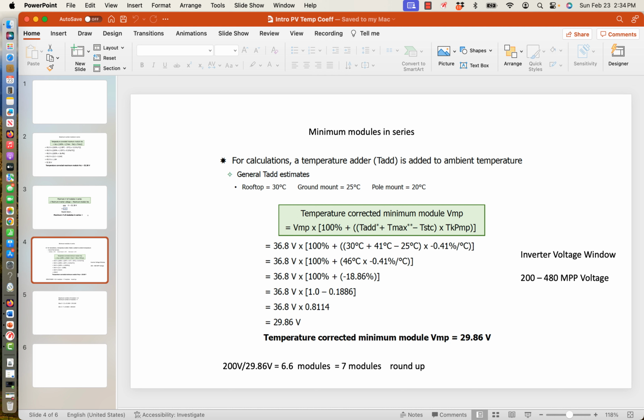So 200 is our minimum voltage. So I'm going to take 200 divided by 29.86 volts equals 6.6 modules. We can't use 6 modules. That'd be too low of a voltage, so we have to round up in this case to 7 modules.